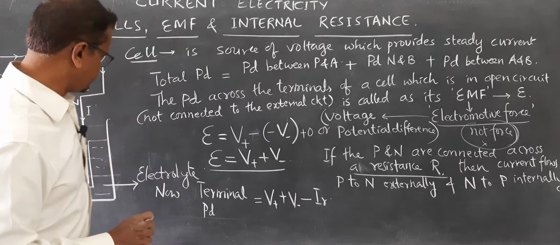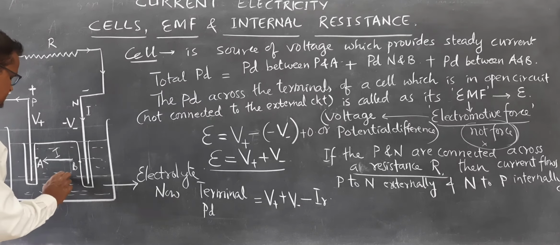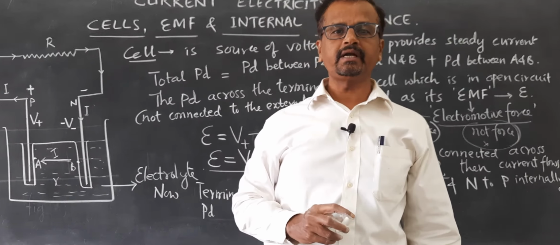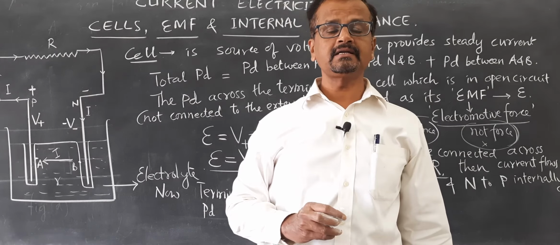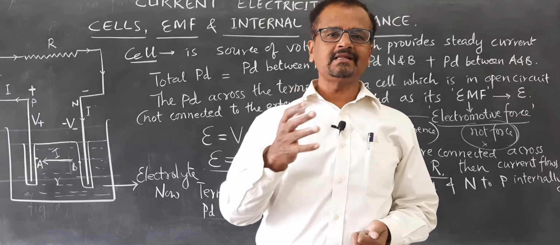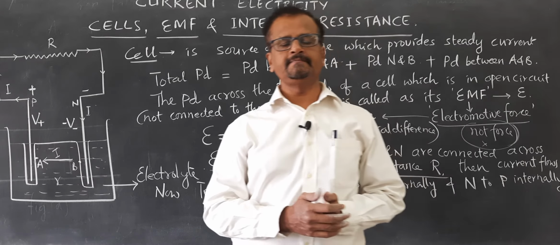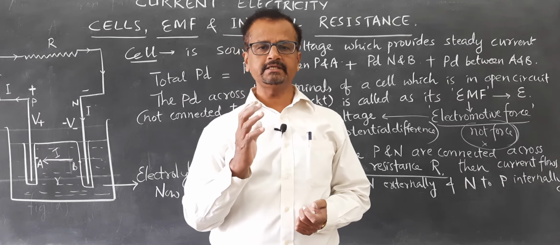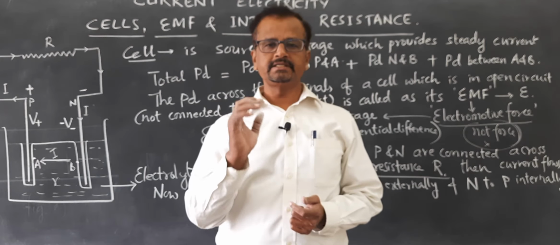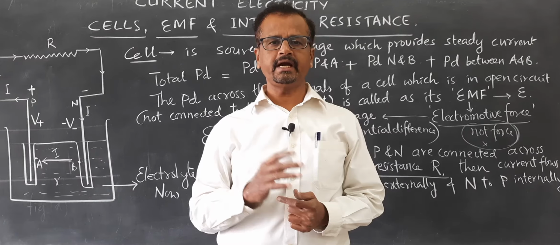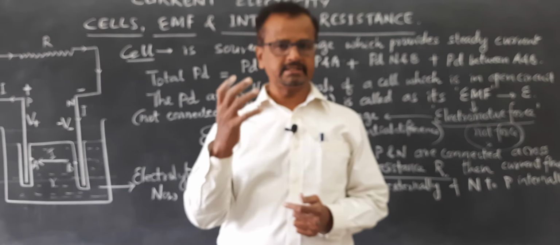Where small r is the internal resistance that is developed inside the electrolyte of the cell. What is internal resistance? Internal resistance is the resistance to the flow of the positively charged and negatively charged ions inside the cell.